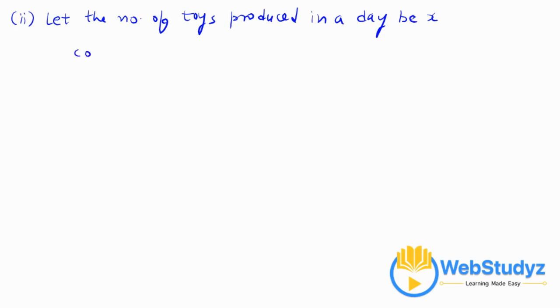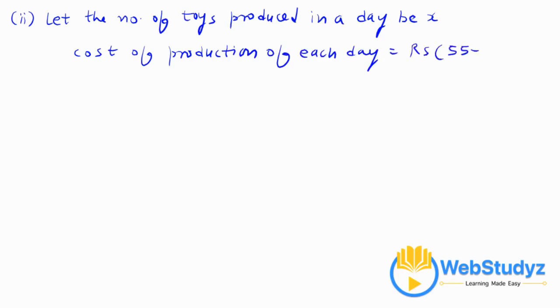Therefore, the cost of production of each toy will be rupees 55 minus x.